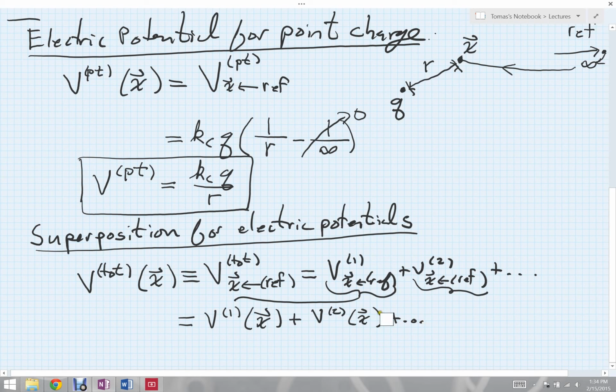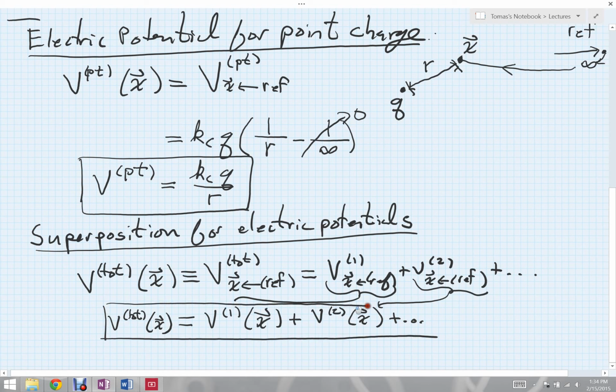That would give me this one, and so forth. So if I want the total potential at any location in space, all that I have to do is add up the potentials from each of the individual contributions. And since I do know the answer for the point charge, this sum becomes a straightforward exercise if I want to use superposition down at the individual point charge level.